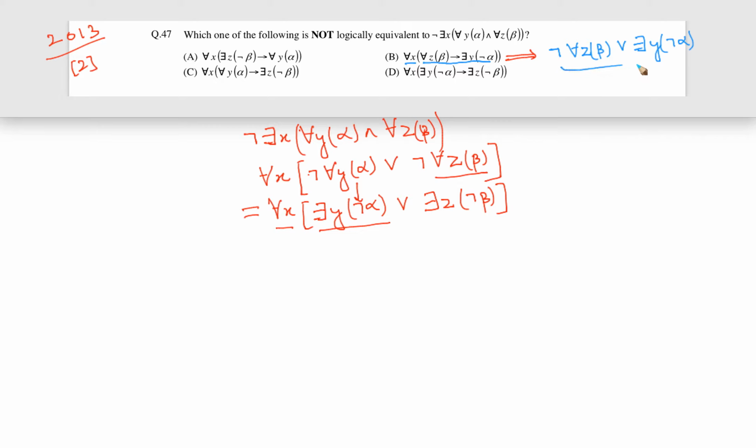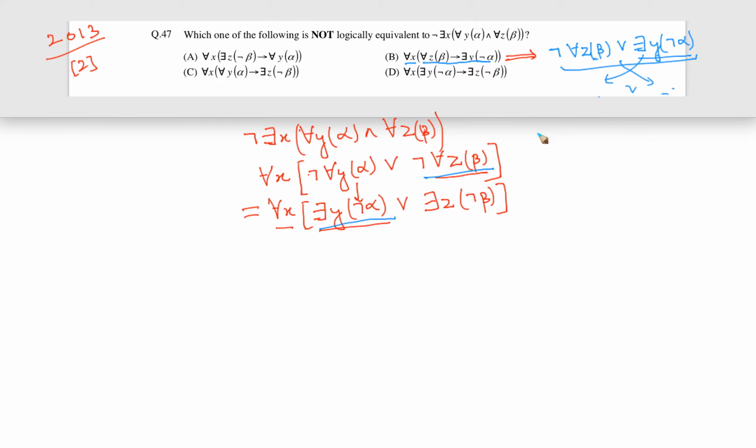The internal part, is this matching or not? Now you see, for all z beta, this thing is matching, or is there, and then there exists y not alpha, so this thing is also matching here. So this thing or this thing can be written like this thing or this thing in the reverse fashion also.